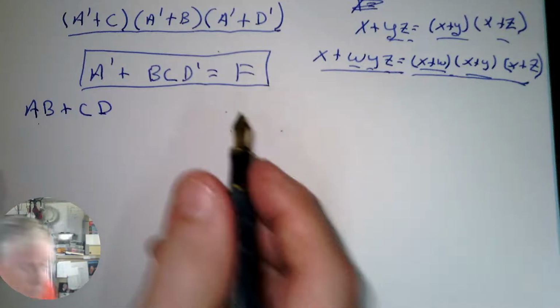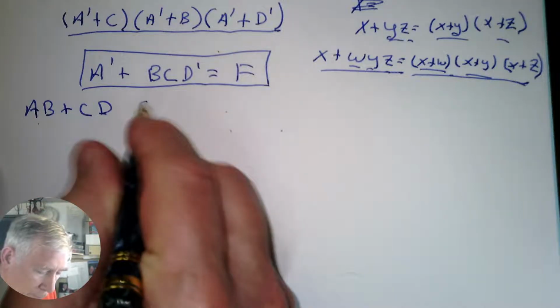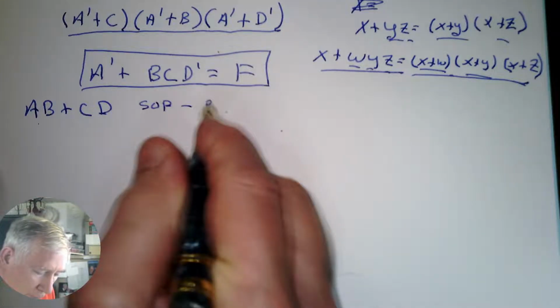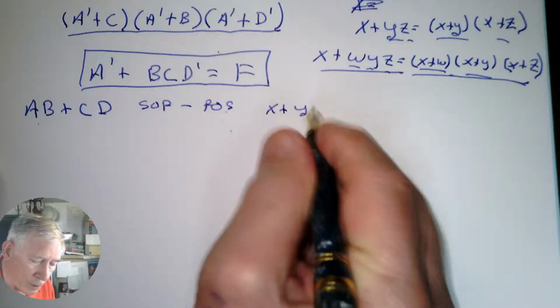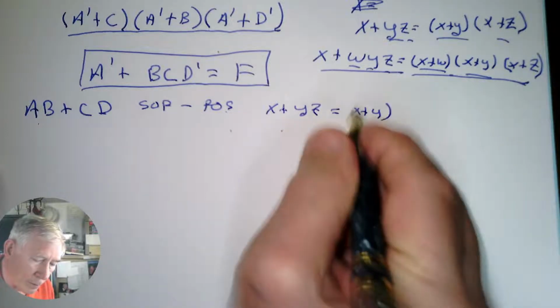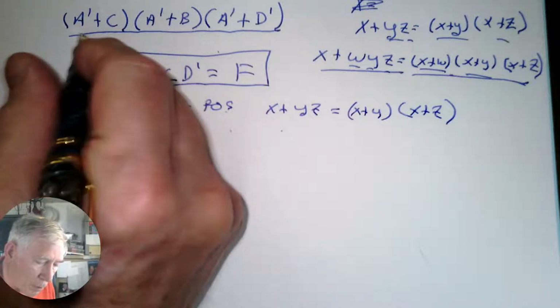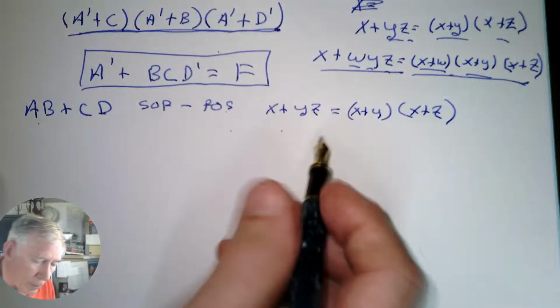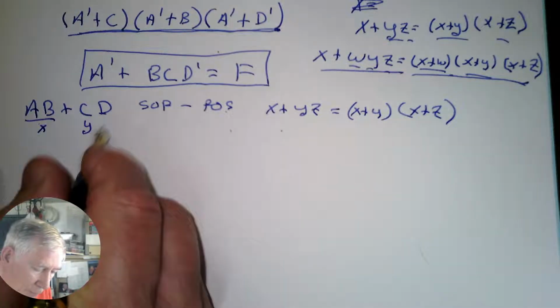Now, the way we're going to do this, this is currently in SOP form, and we're going to go to POS. I'm going to use the second distributive law: x plus yz equals x plus y quantity times x plus z. Same rule I used to solve this problem, only I'm not going to use that corollary. So I'm going to let this be x, and this be y, and this be z.